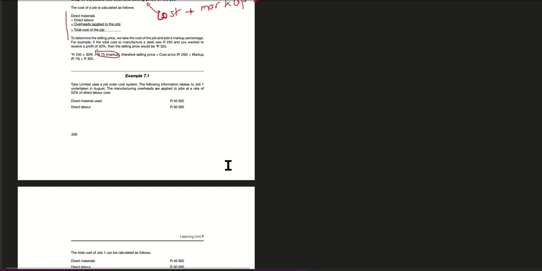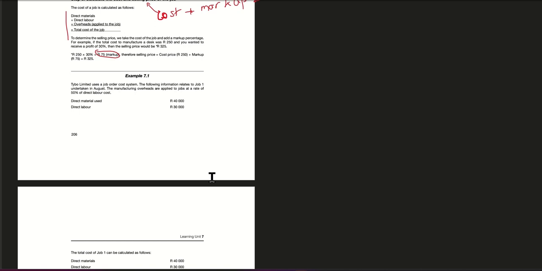Let's go in. So we are looking at Taibo Limited, which uses a job order costing system that's provided to you. The following information relates to job 1, and you will see that quite often in this chapter.